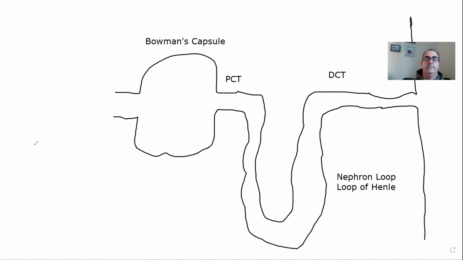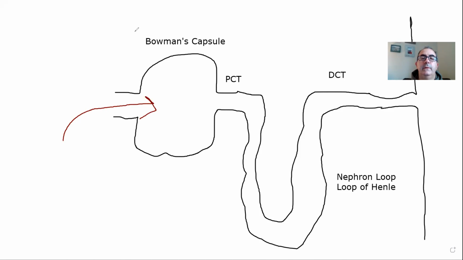You have the interlobar artery, which leads to the arcuate artery, which leads to the cortical radiate artery, which branches off and travels into Bowman's capsule.